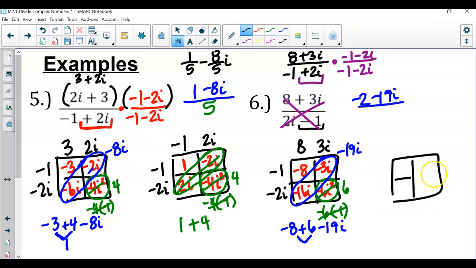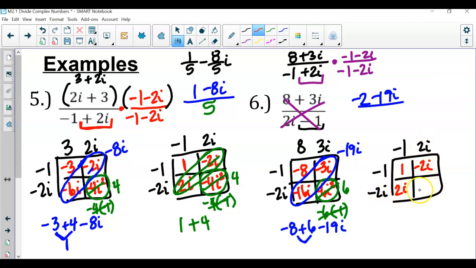Same thing with our conjugates. The -1 plus 2i and -1 minus 2i. Same thing, we're going to go through and solve. Negative times a negative, +1. 2i times -1, -2i. Negative times a negative is now a positive 2i. See, there you go again, right? The i's are going to cancel out.